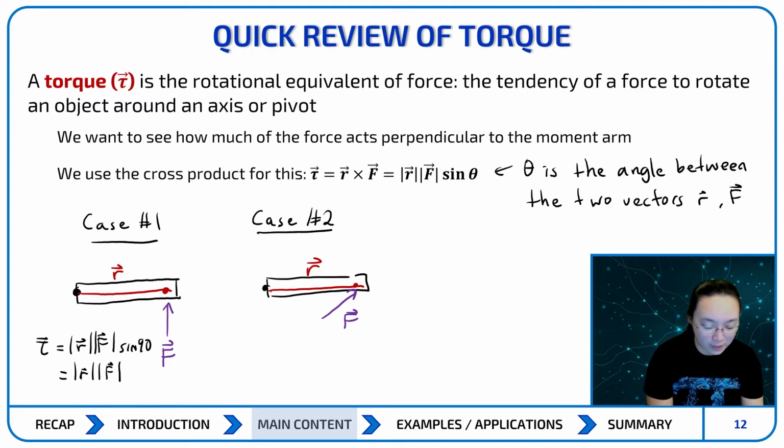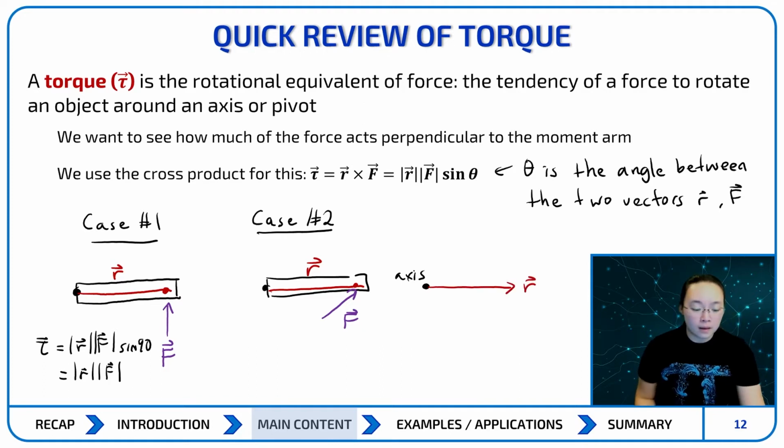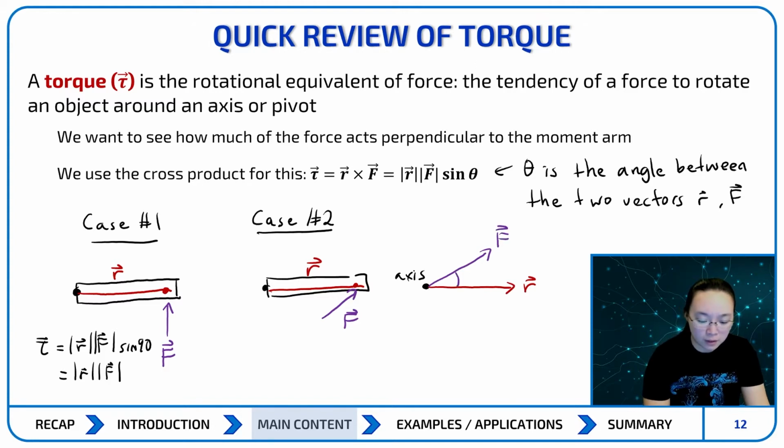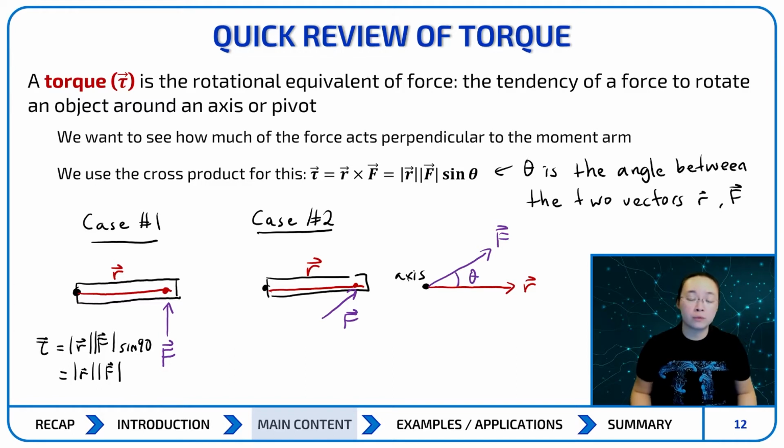So if I were to draw this again, I would have this over here as my axis. I would redraw the moment arm R like this. And I would also have to draw my force vector. So my force vector, I want it all to start from the axis. I draw the force vector this way, and my theta is going to be in between the two vectors.